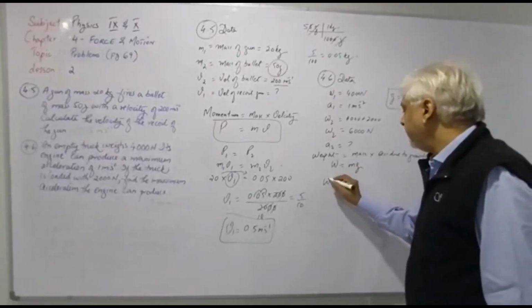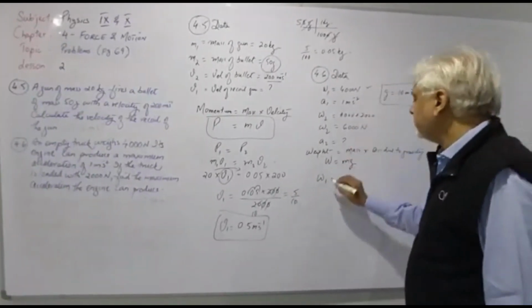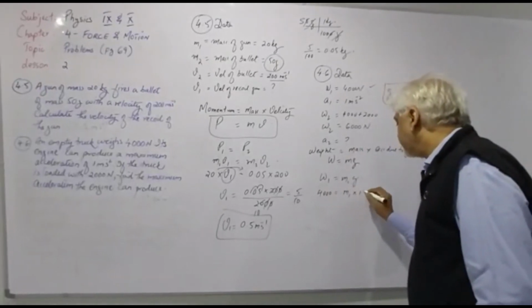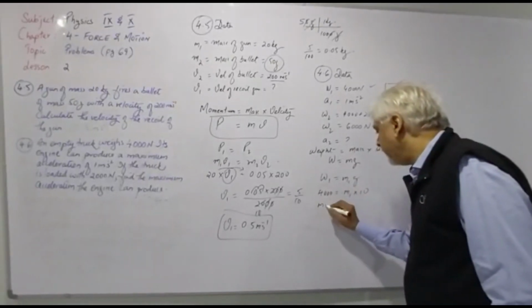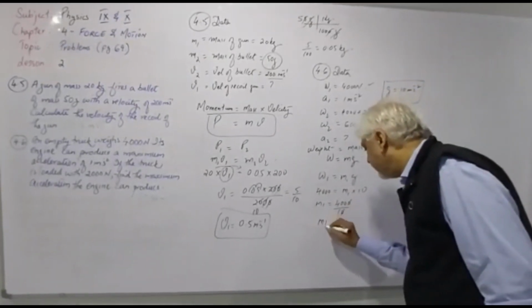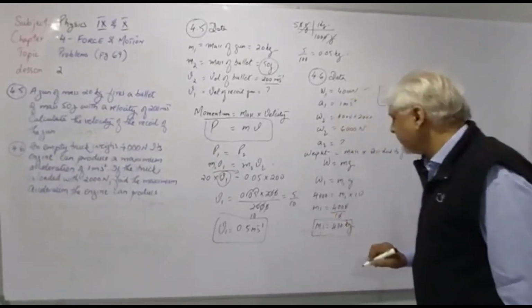So W1 is equal to M1 g. W1 is 4,000 Newton, the weight of the truck. Mass we do not know, g is 10, so we get m1 as 4000 divided by 10. So m1 is equal to 400 kilograms.